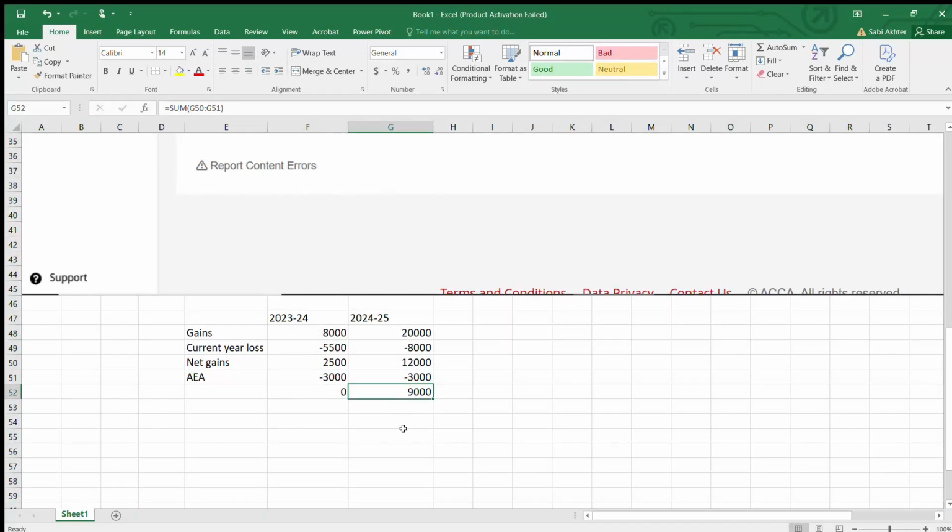So from this 11,000, the entire 9,000 will go. So unrelieved loss will be 2,000. So in this tax year, you don't have to pay anything because this 9,000 also will go by the brought forward losses. Because total loss is 11,000 and the gain you are having is 9,000. So you are left with 2,000 unrelieved losses which you will carry forward and get relieved in 25-26.